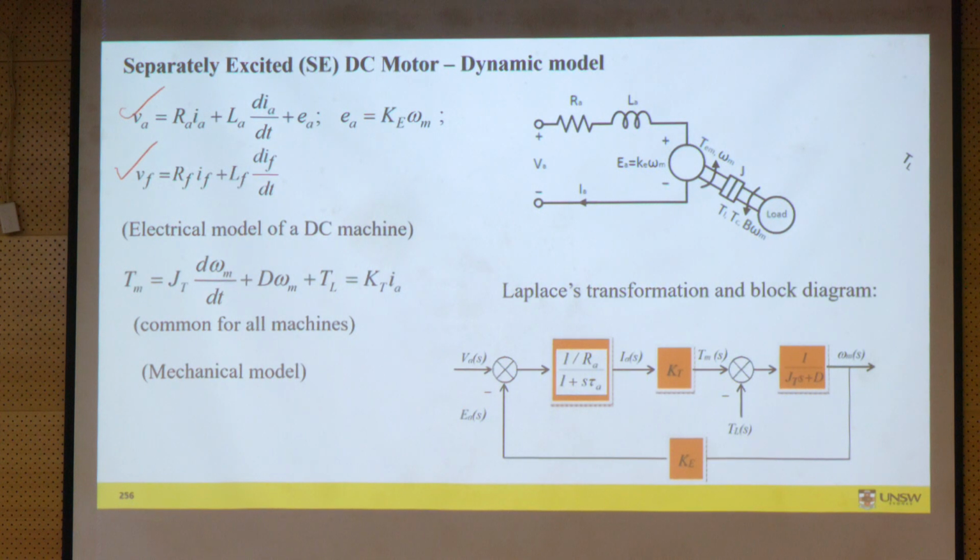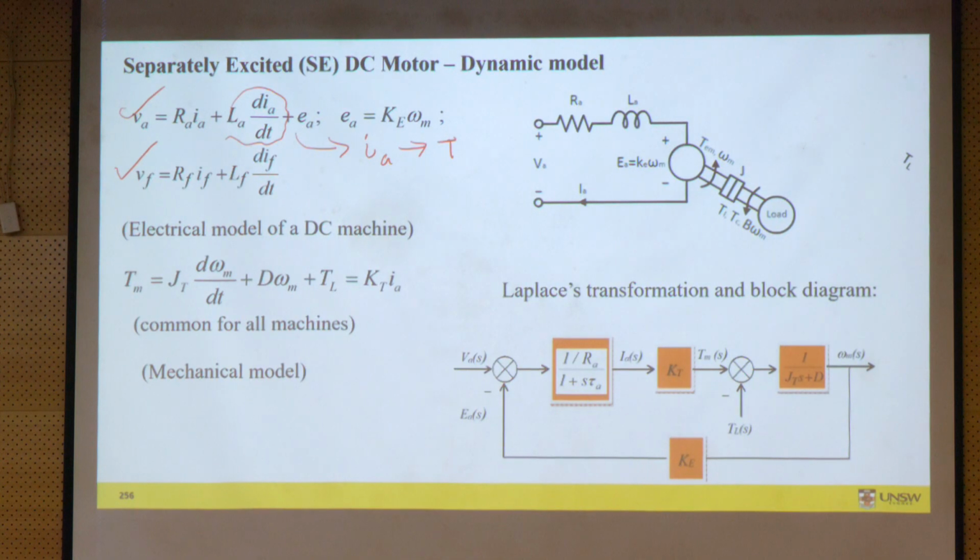Under steady state this component becomes 0, right? But during transient we could still have, even in a DC motor, a di/dt, right? The armature current is changing. But the good thing in a DC motor was that the first armature equation gives us the armature current, and this is the torque.